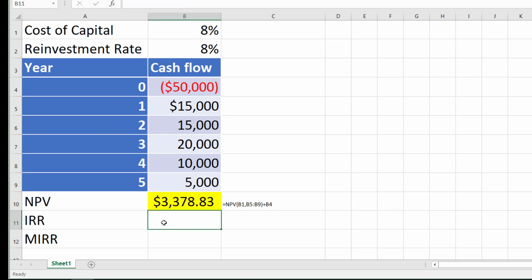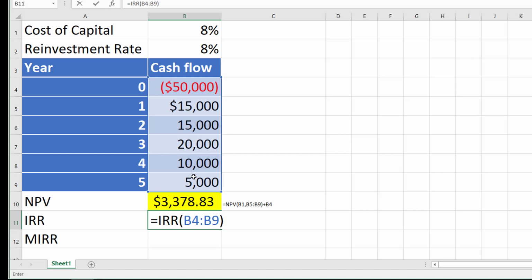Now let's compute IRR. IRR is even simpler. All you have to do is start with an equal sign and write IRR and parenthesis. All you need is all the numbers that you want to compute the IRR for. So this time your numbers start from the cash flow in year 0 to year 5.